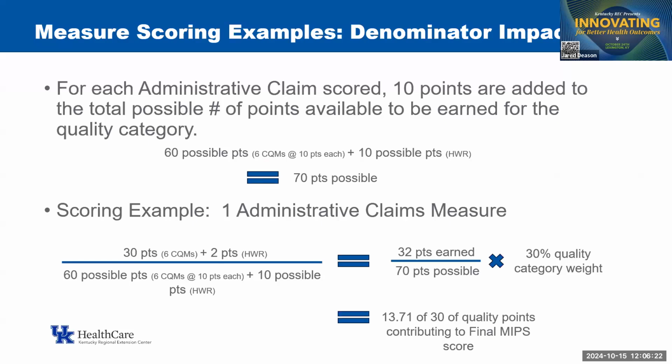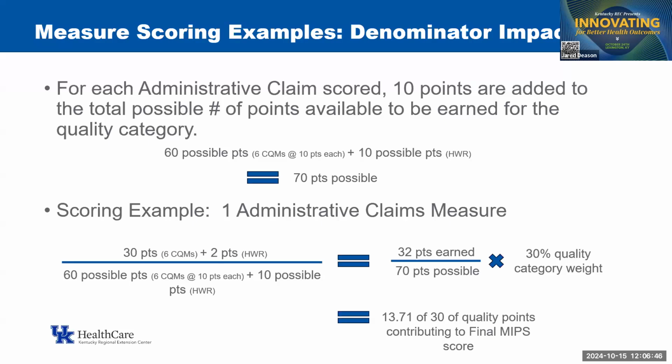So let's quickly walk through an example here. In this case, the eligible clinician triggered one population health measure. They scored 30 points out of 60 for the 6 quality measures that they submitted. Since they were scored on an additional measure, the denominator increases by 10 points, making the total possible points 70.